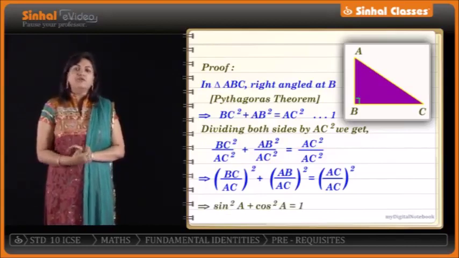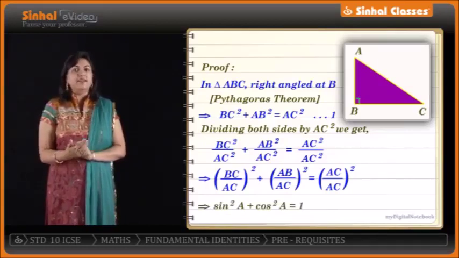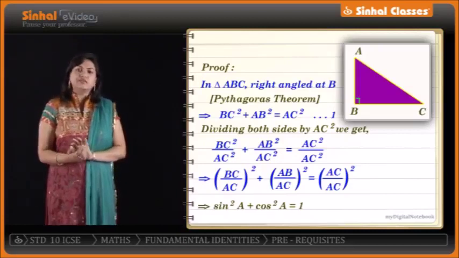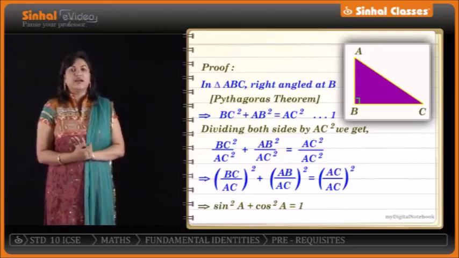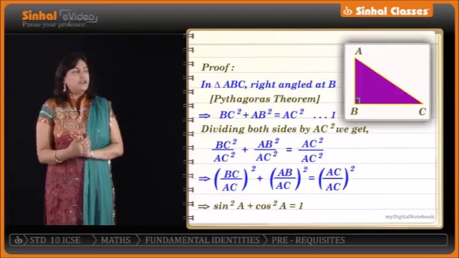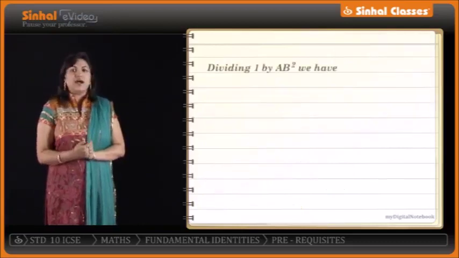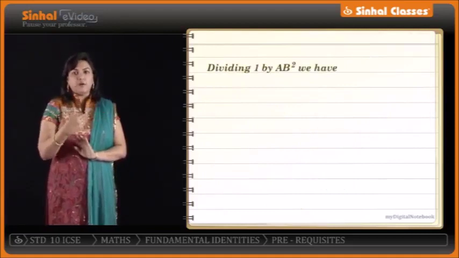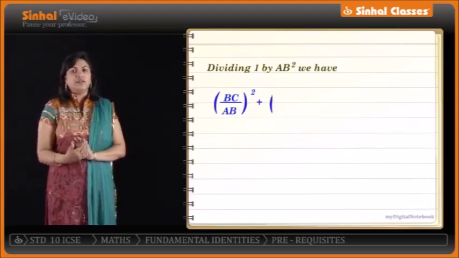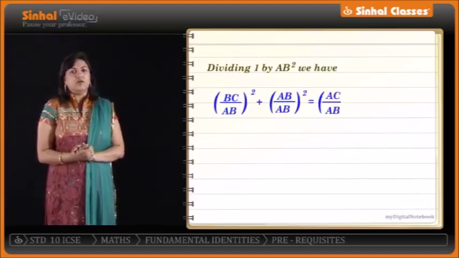Now we want to prove the second identity, that is 1 plus tan square A is equal to sec square A. We take BC square plus AB square is equal to AC square. Now we divide both the sides by AB square. We get BC upon AB the whole square plus AB upon AB the whole square equal to AC upon AB the whole square.